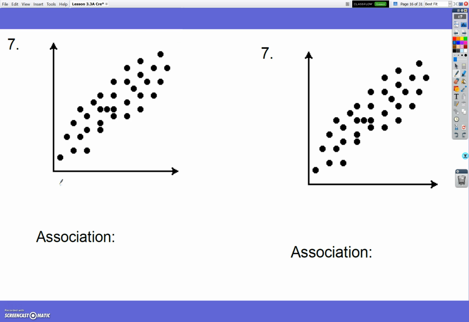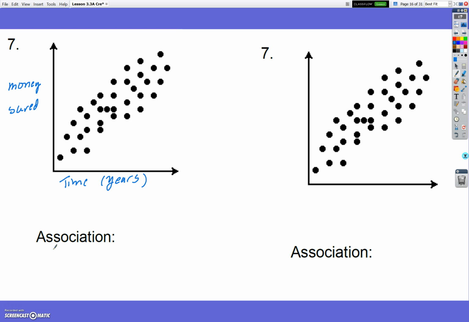So if we were talking about time in years and money saved, if you are saving money and you record a bunch of people, you can see that as time goes on and you're putting money in the bank, the amount of money you save increases over time.